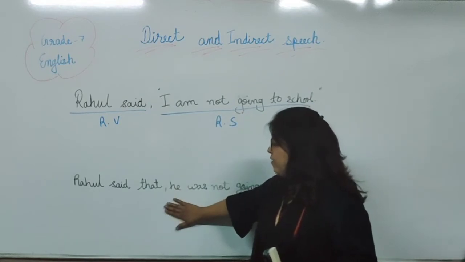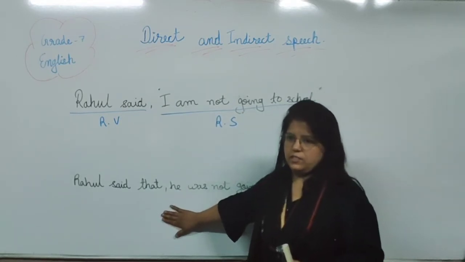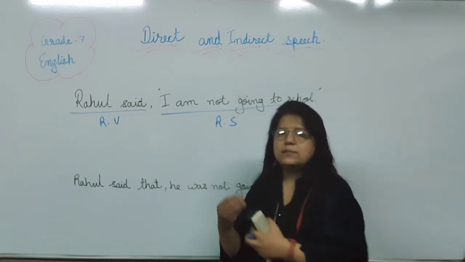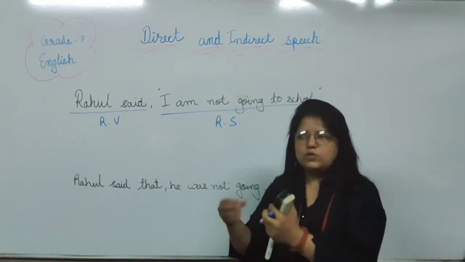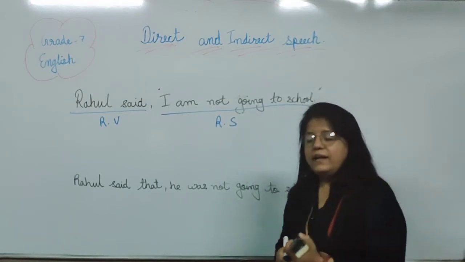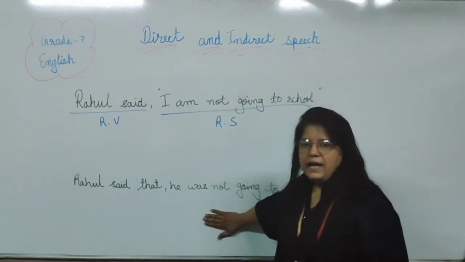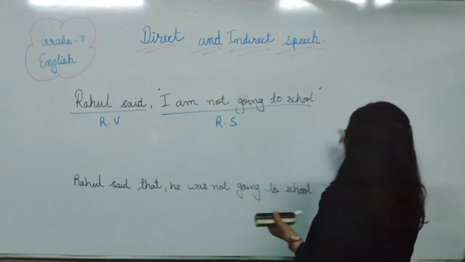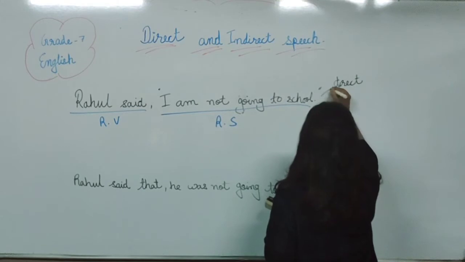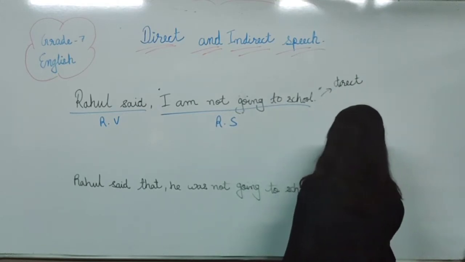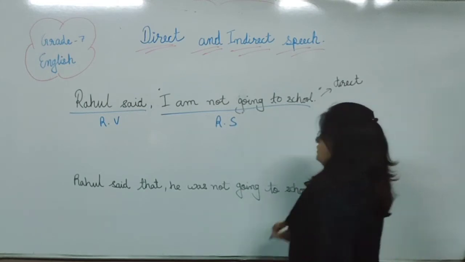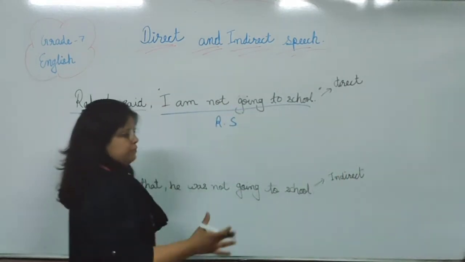This is called indirect speech, means when we use simple language to report the speech of another person, whatever he has said, that is called indirect speech. This sentence is direct, and this is indirect speech.